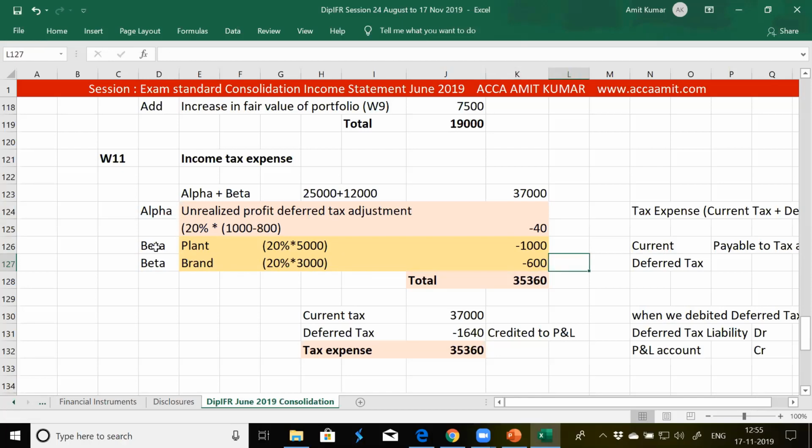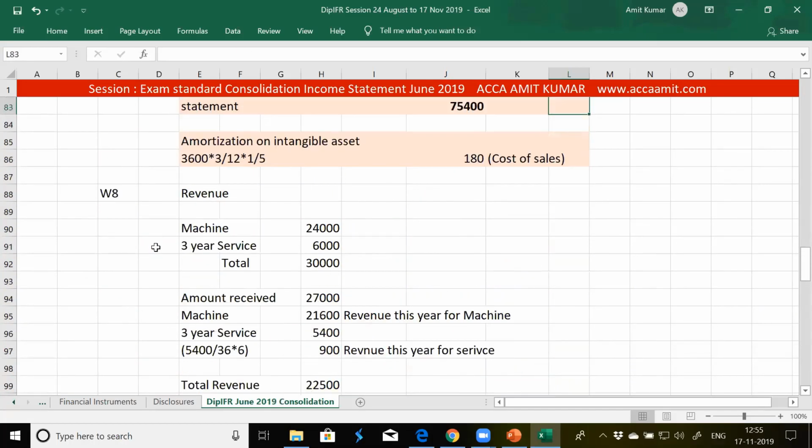So how much profit is to be assigned for the current year to NCI? And what other adjustments are not done in this profit?